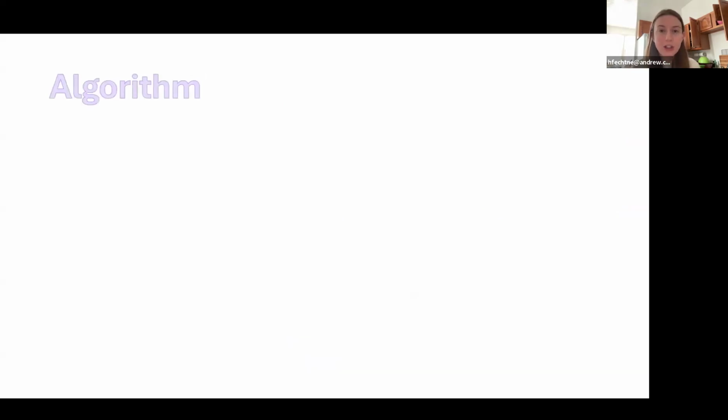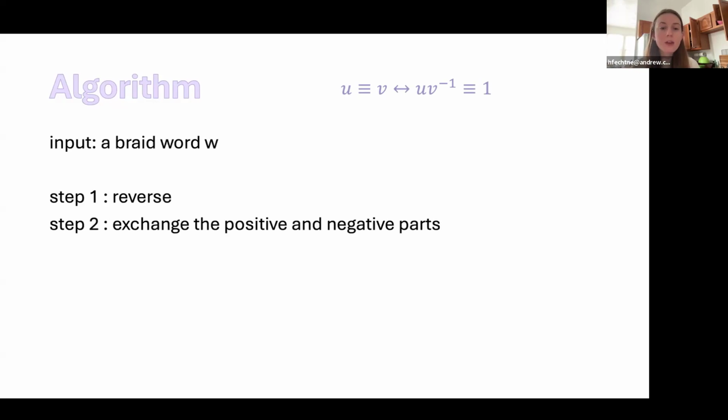So the way the algorithm works is we're trying to determine if two braids are equivalent under the braid relations. Well, that's the same as saying one times the inverse of the other is equivalent to 1. So we just have to decide for an arbitrary word whether or not it's equivalent to 1. So we take in a braid word W, we reverse it, then we exchange the positive and negative parts and reverse it again.